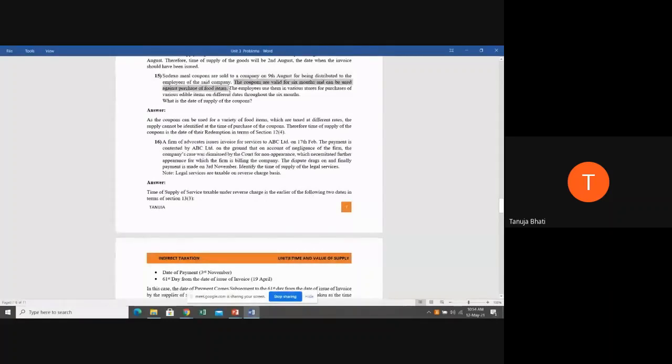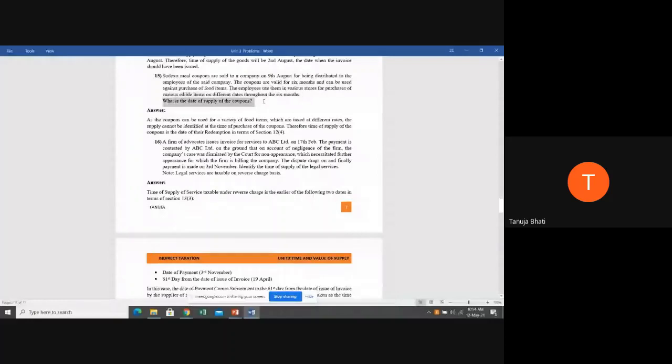It is not specified that only this particular food item you can redeem the coupon. It can be redeemed against purchase of food items. The employees use them in various stores for purchase of various edible items on different dates throughout the 6 months. What is the date of supply in case of these coupons?